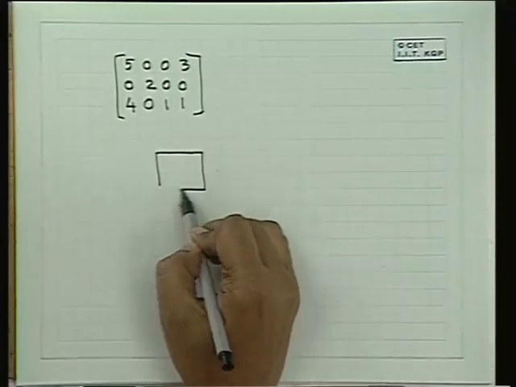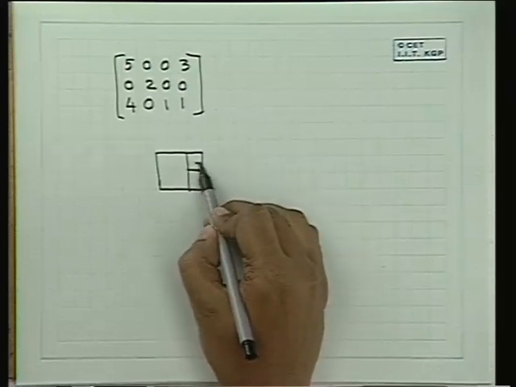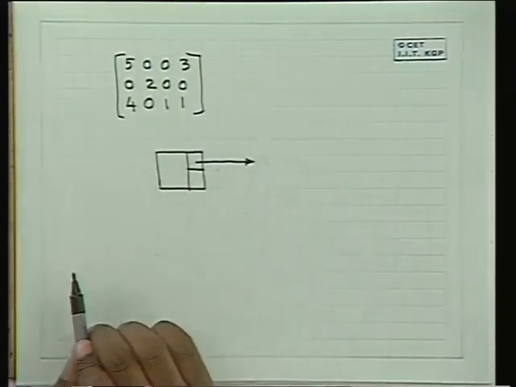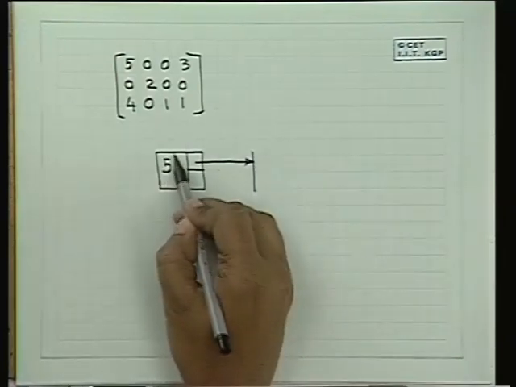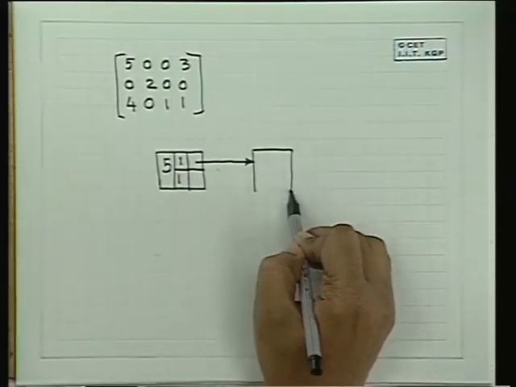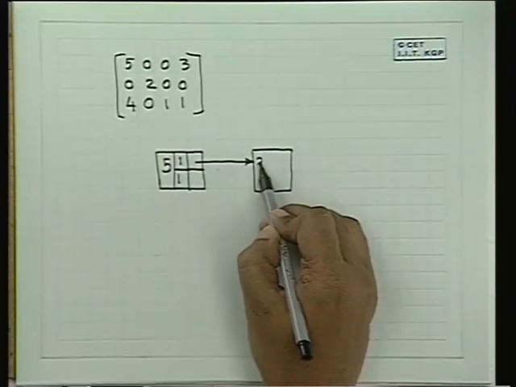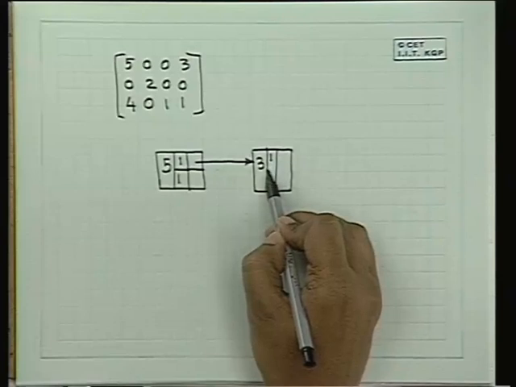Then this will be the next element in the row. So if this is 5, the row and column is 1 1, then the next element will be 3, at 1 4.